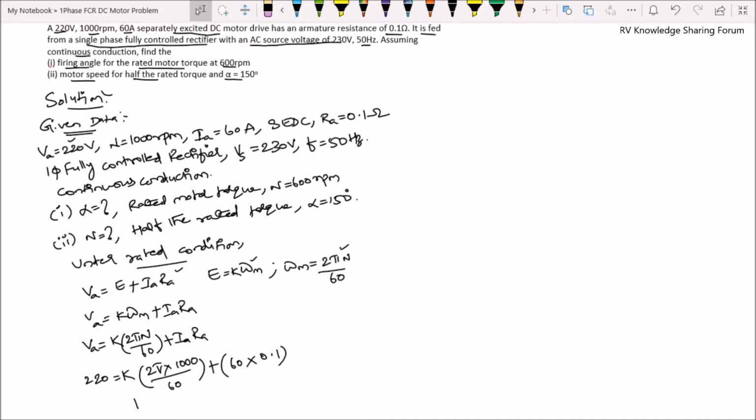If we solve this we will get the value of K as 2.04 volt seconds per radian, or otherwise it can also be represented by the unit Newton meter per ampere. So the value of K is 2.04.